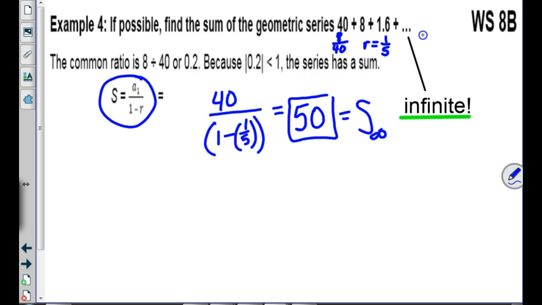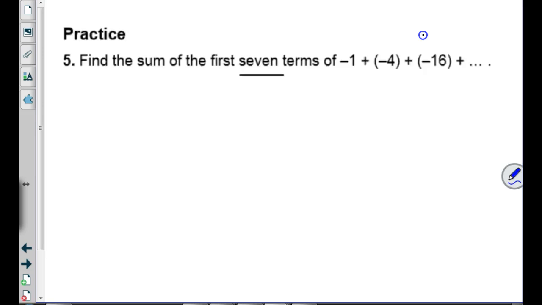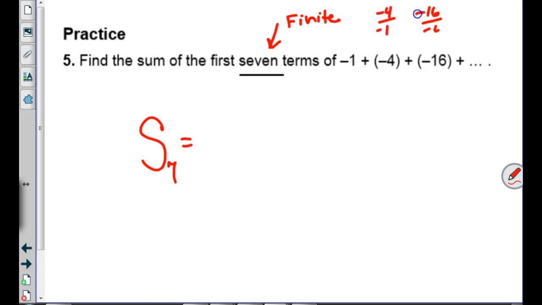I didn't think I put this on the quiz at all. Okay, so find the sum of the first 7 terms. This means it's finite. What's the ratio, guys? What are they multiplying by every time? If you take each term and divide it by the previous term, it comes out positive 4, right?